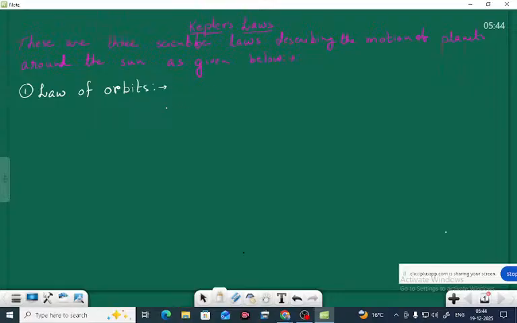Actually, all planets move in elliptical orbit with the sun situated at one of the foci of the ellipse, as shown in the figure below.